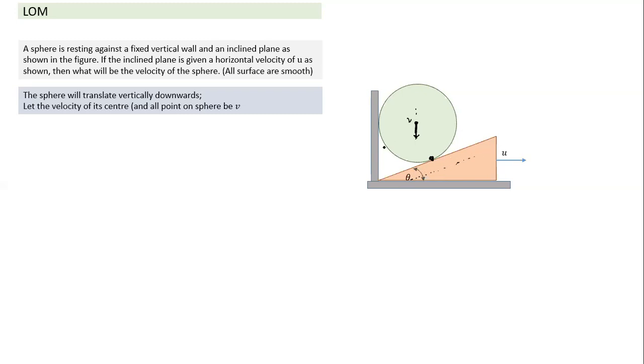And even when the whole sphere moves down, still the same point P on the sphere will be in contact with the inclined plane. So what is happening here? Earlier it was in contact with some other point. Now it has slipped on the inclined plane. You notice earlier it was at a higher position. Now it has come down to a lower position with respect to the inclined plane.